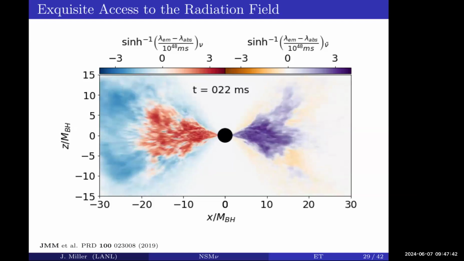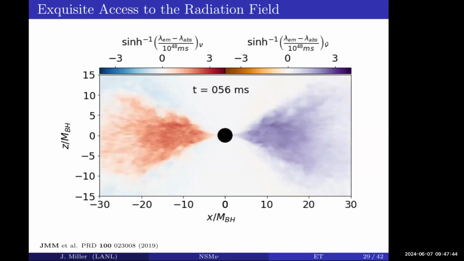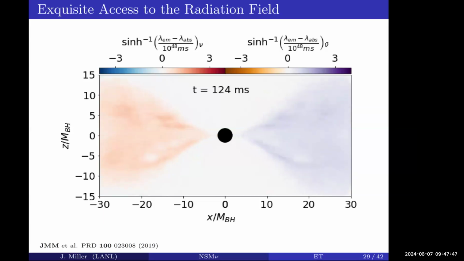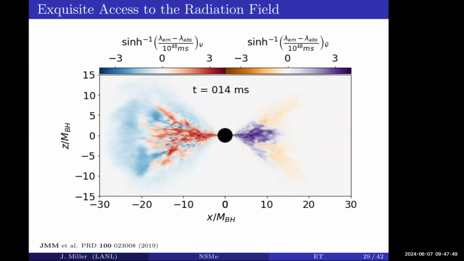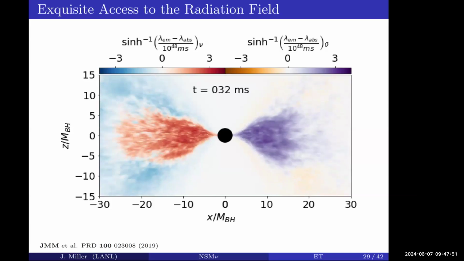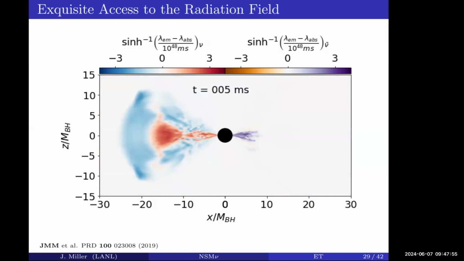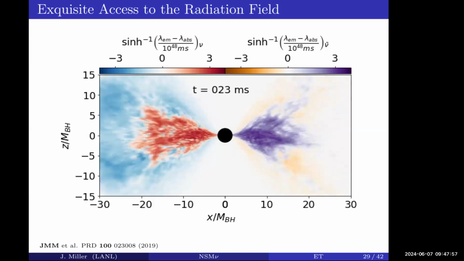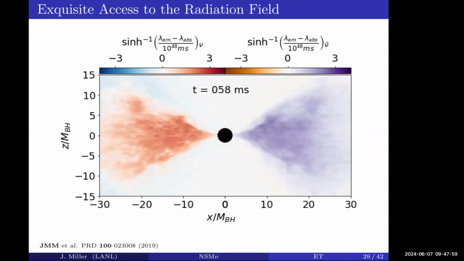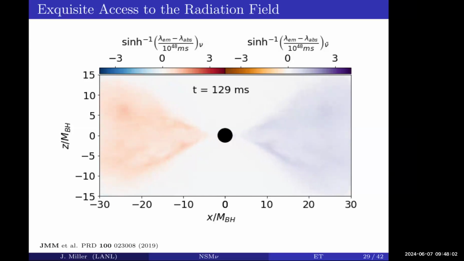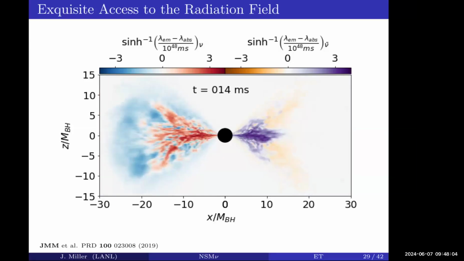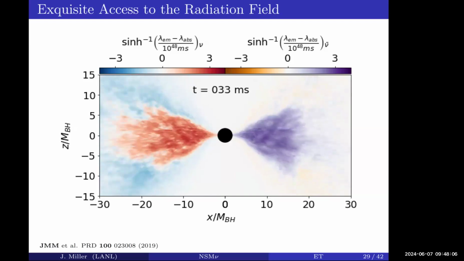On the left, I'm plotting the emission minus the absorption rates of electron neutrinos, and on the right, antineutrinos. What I want to highlight here is that at early times, things are mostly dominated by emission and absorption of electron neutrinos. Electron neutrinos are being emitted in the equatorial region, the core of the disk, and absorbed at higher latitudes, the so-called corona of the disk.